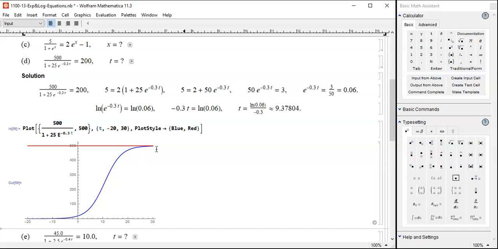A sufficiently long time later, we can assume we reached the mature population. And a long time ago, theoretically we start from just one bacterium or maybe a really small number. So to the left we get a horizontal asymptote of 0.